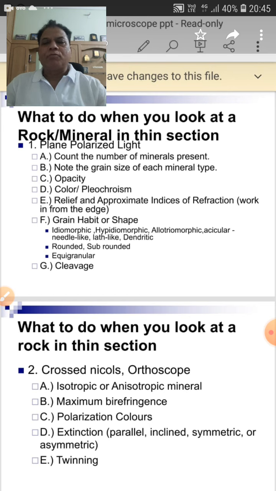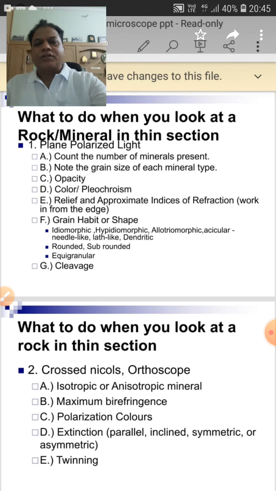By the way, once the thin section is available to us, first of all, in that rock we will identify the different minerals. And for the identification of different minerals, we should have sound knowledge of the identification of minerals in thin section.